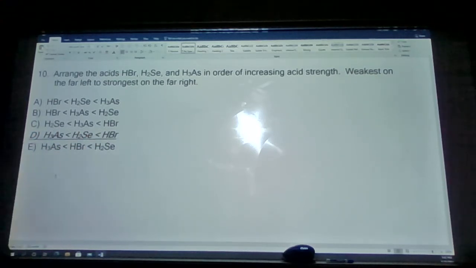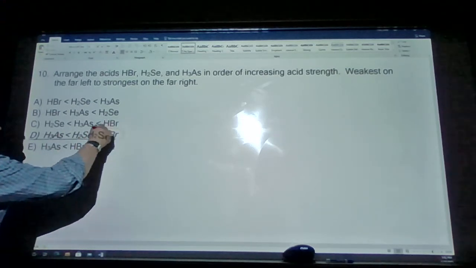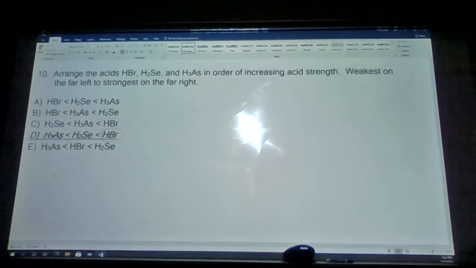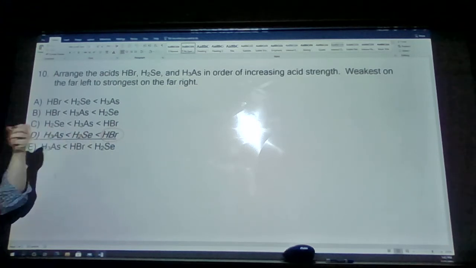HBr automatically is a strong acid. So this is the strongest acid amongst all of those. As we go from left to right, we decrease size. So arsenic is larger than selenium.